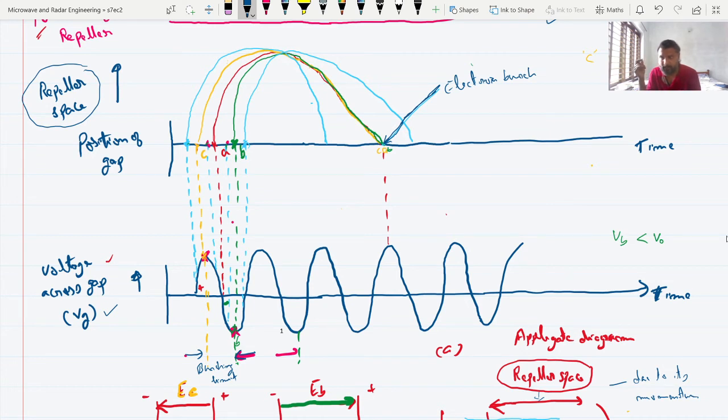And what happens? The bunch electron will transfer energy to the cavity in order to conserve the total power. You have to keep in mind, the power delivered by the bunch electron to the cavity should always be greater than the power loss in the cavity.